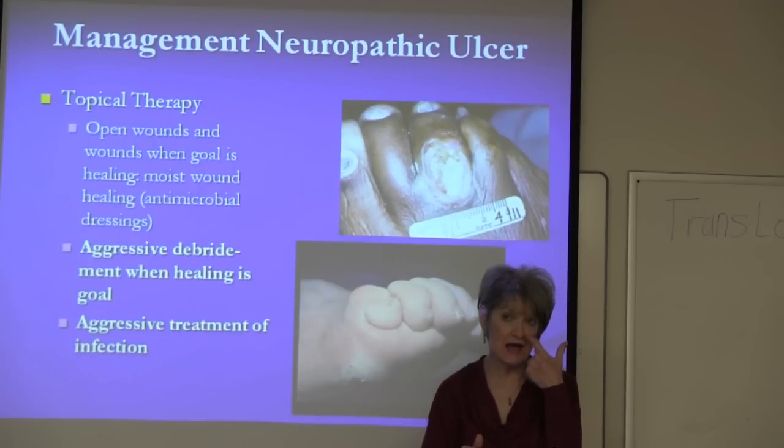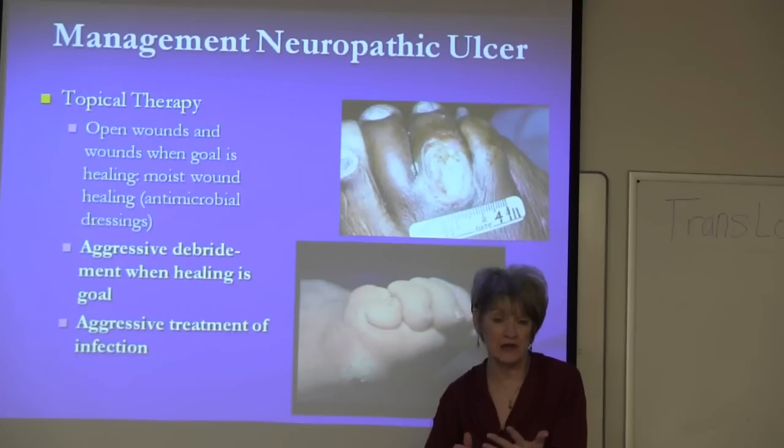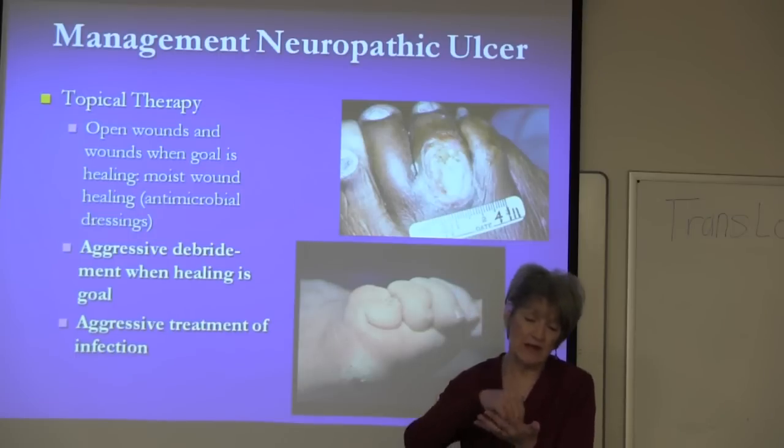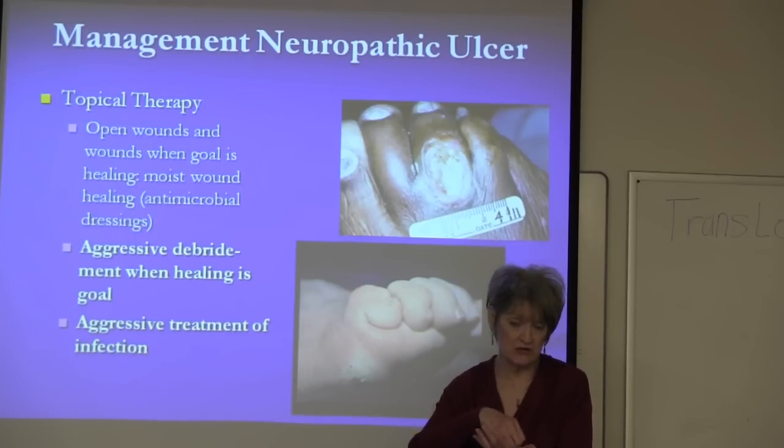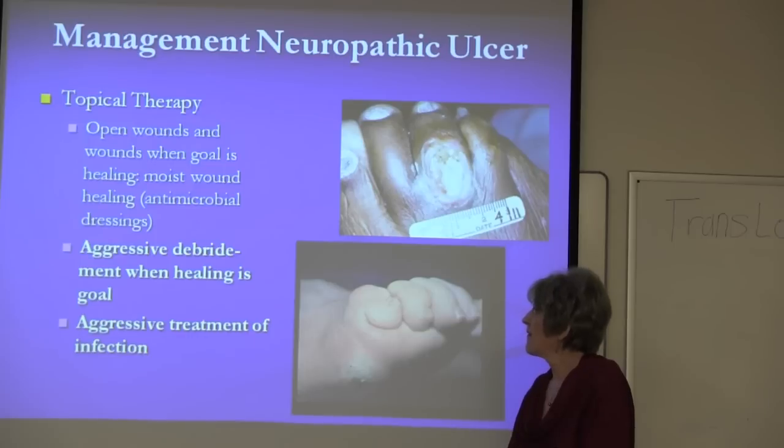So I might decide that I'm going to use an alginate because this wound is moderately exudated. I want to manage the exudate, keep the surface moist. Well, I'm probably going to use a silver alginate or a silver hydrofiber or a foam dressing with an antimicrobial agent to reduce bacterial counts on the wound surface and reduce the risk of infectious complications.